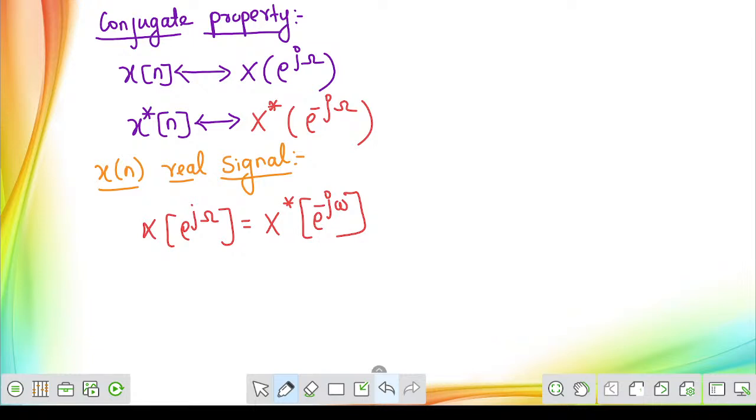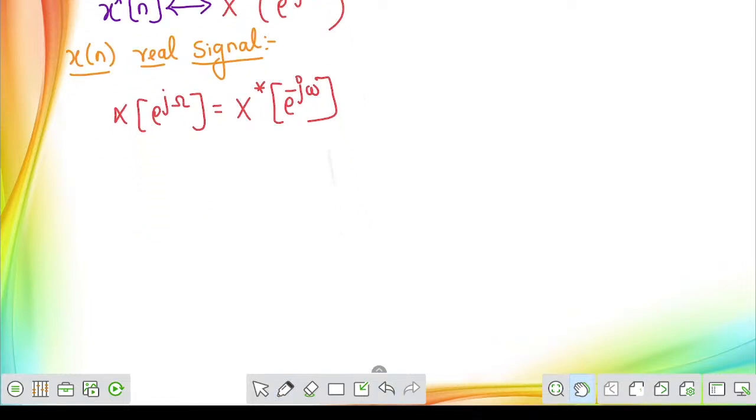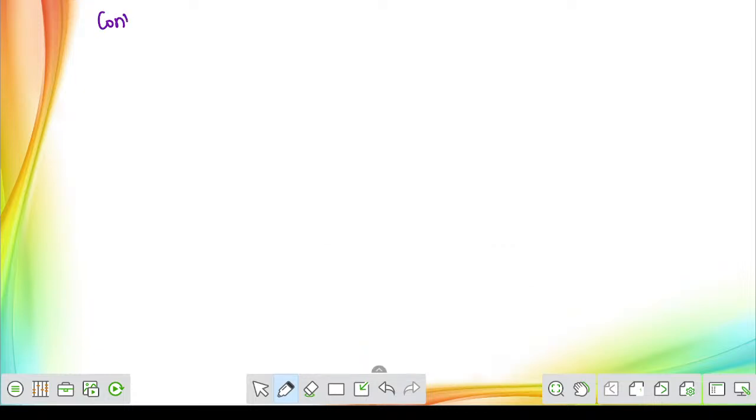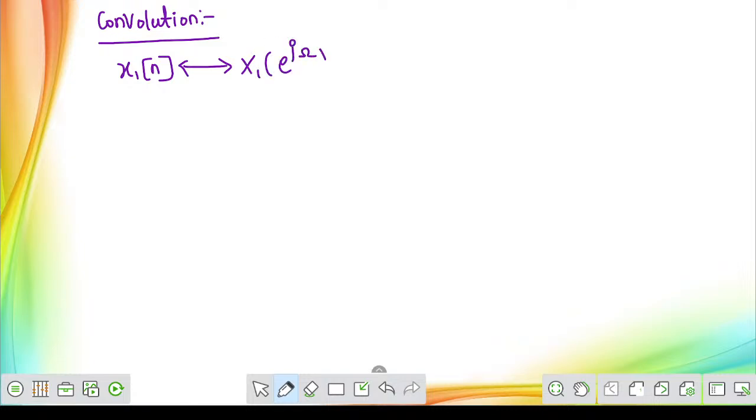Next, the convolution property, in both the time domain and the frequency domain, we will observe. The other most important property is the convolution property. Suppose I have a signal x1 of n, whose discrete time Fourier transform can be written as X1 of e power j omega.